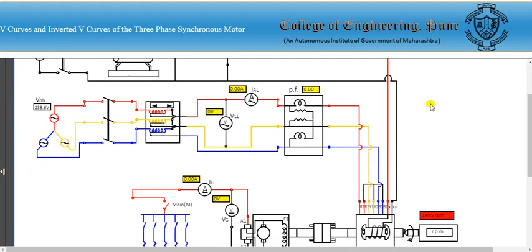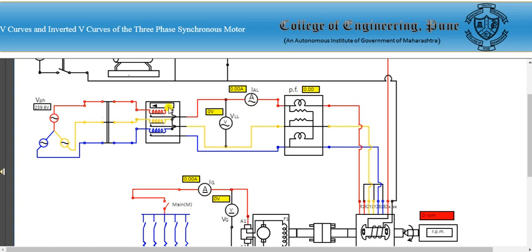come to the simulation. First of all, connect this terminal and switch on the supply by clicking on this. It is already clicked on, so it gets switched on, and then supply will be fed across the synchronous motor stator armature.